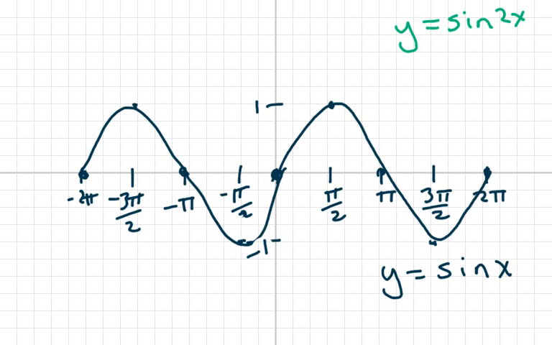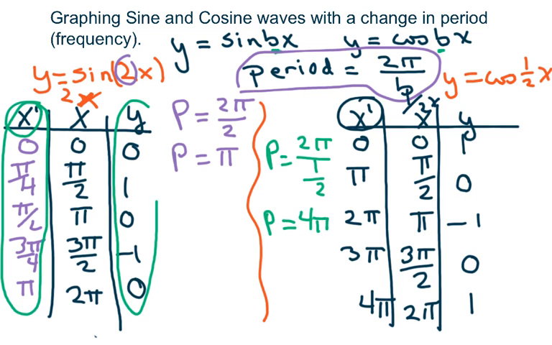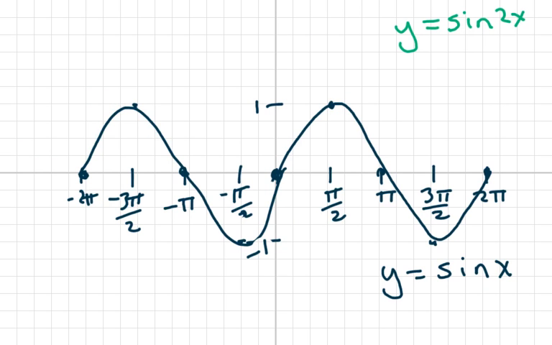I'm going to go back to my table, and the values I'm going to use are these two. I'm going to use this as my domain, and this is my range. And when I do that, I have these values here that I haven't included. So this would be pi over 4, 3 pi over 4.